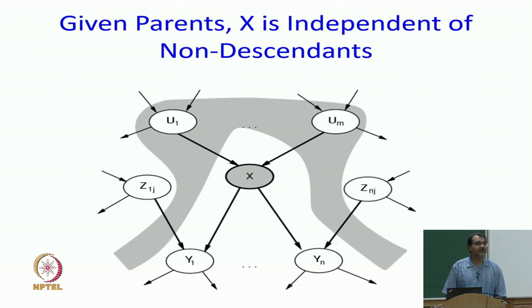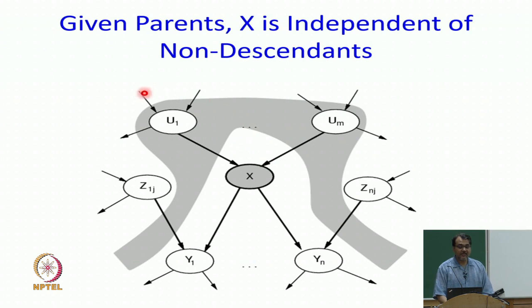All parents must be given, good point. In this example we are talking about x, and the parents are u1 to um. I made a small mistake earlier. So x is the node here, and its parents u1 to um are given. Now it is conditionally independent of all the non-descendants.